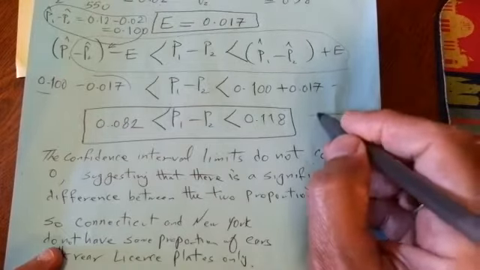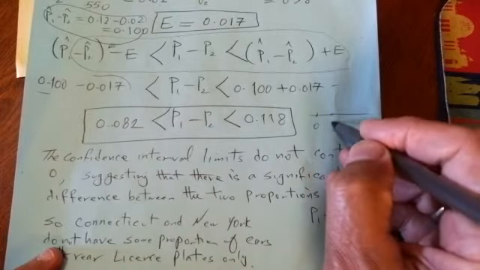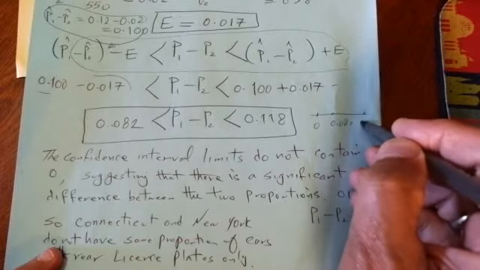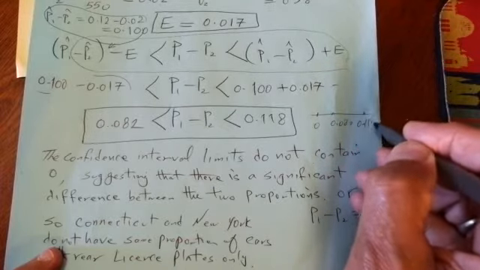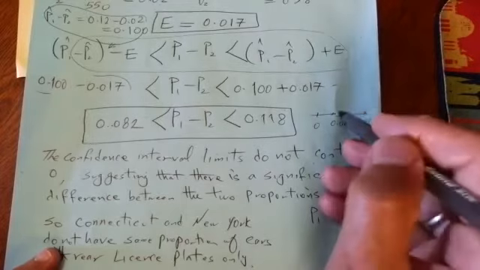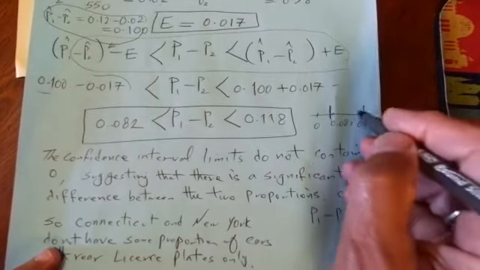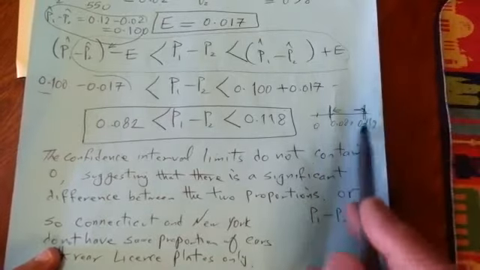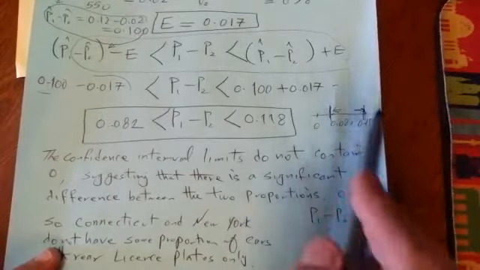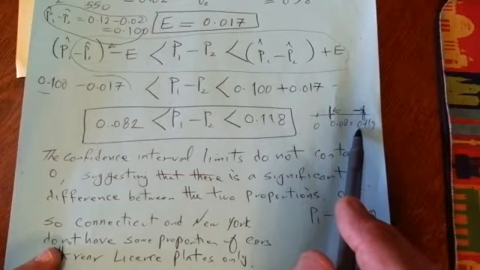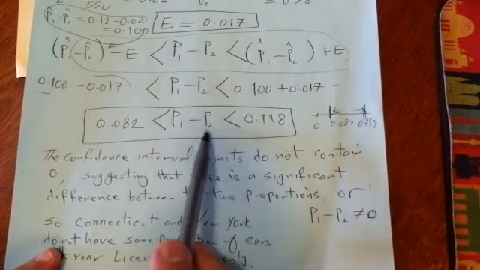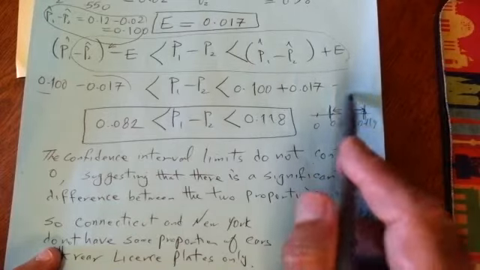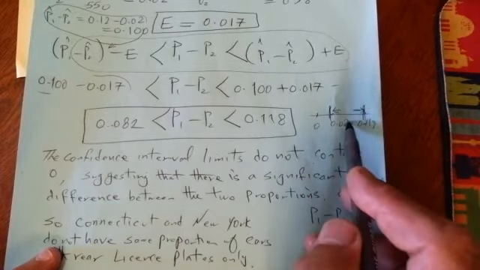So if the 0 is here, 0.082 and 0.118, see? The confidence interval shows these areas. So 0 doesn't fall into it, okay? So that means P1 minus P2 equals 0 does not fall into the confidence interval.